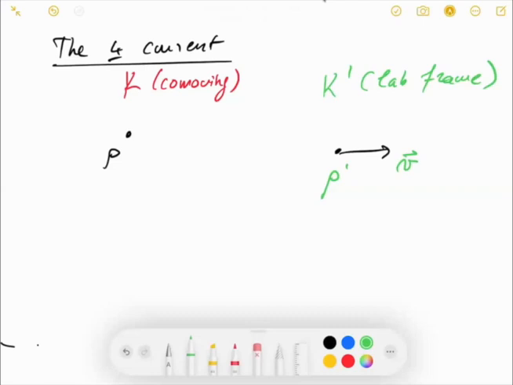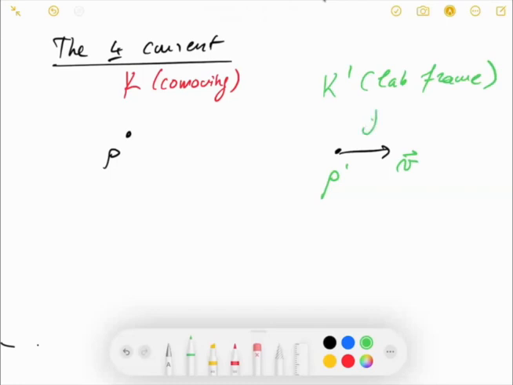Now that velocity v in the K prime is just v, whereas it is 0 in K. I'm not going to put a prime over it because it's the vector quantity that actually gives you the transform. So in rho prime it's v, and in rho it's just 0. So I'm not putting an accent here because really what you're doing is you're changing the velocity from v to minus v. So we'll just leave that one as is.